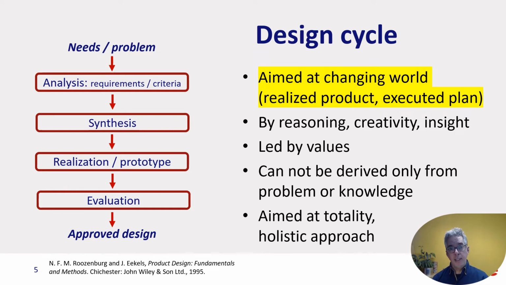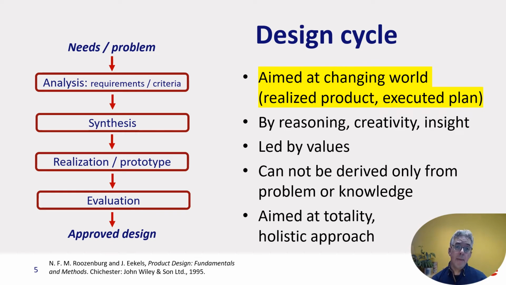As such, the aim is not so much on theory or knowledge, but the aim is at changing the world, realizing a product, executing a plan, something that was not there before. In that process, you build on different skill sets, reasoning, creativity, insight, and all that is led by values from the people that have a problem and that want solutions. So solutions can not only be derived based on problem understanding or knowledge creation.